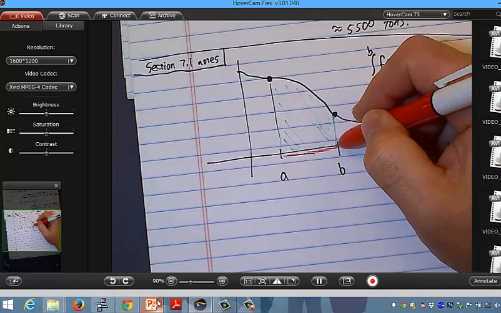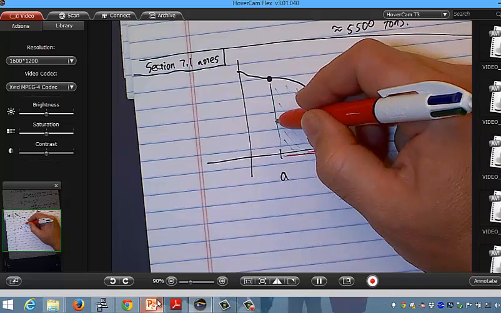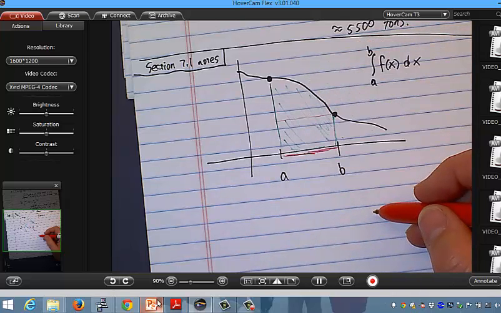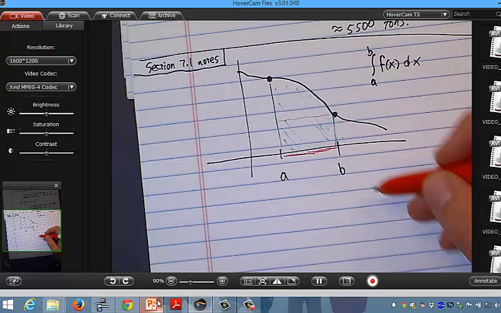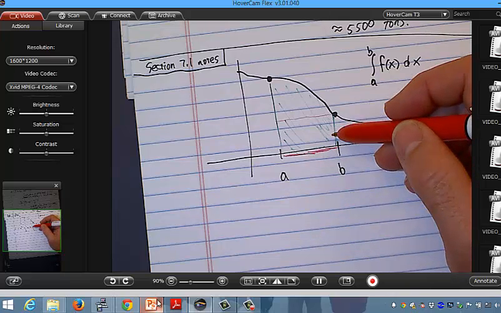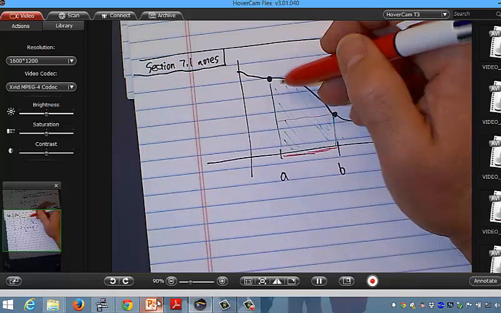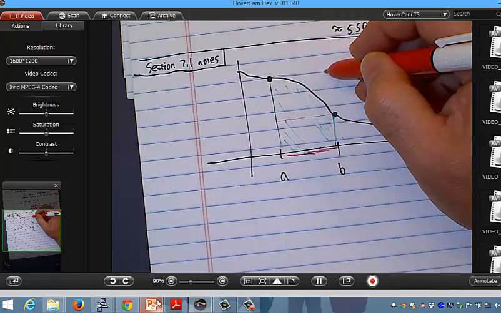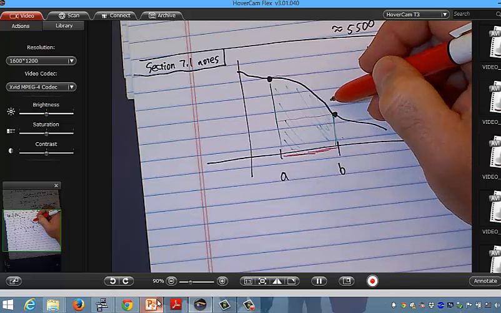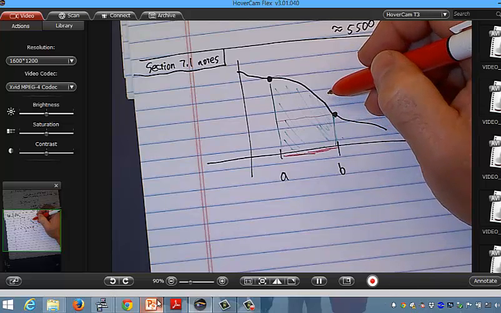So it's going to go at least this high, right? But that's not the right answer. That would be too low. I want my rectangle to have the same area as the green. And this, of course, is too high, right? But can I draw a rectangle that has the same area as the green if I were very careful?